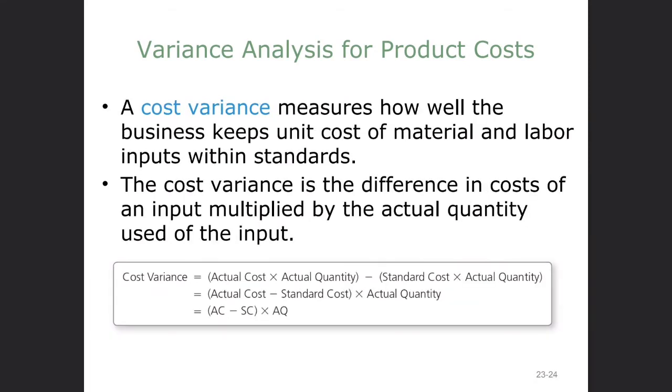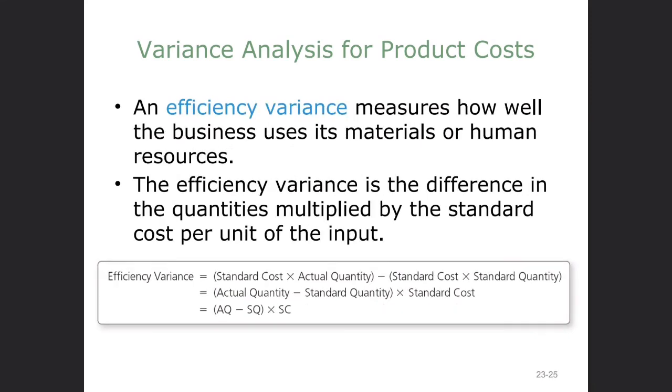So cost variance was actual cost minus standard cost times actual quantity. Efficiency is actual quantity minus standard quantity times standard cost.